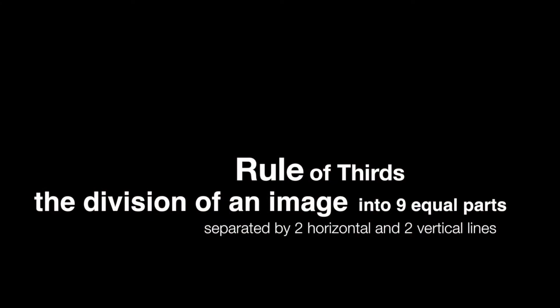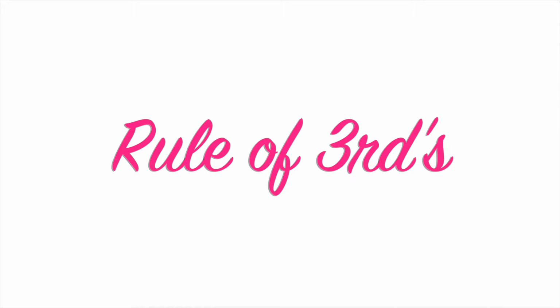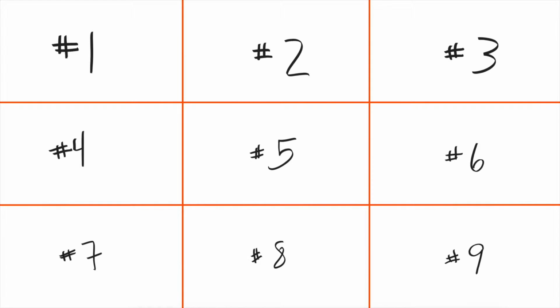Now, let's get started with a look at the rule of thirds. The rule of thirds is made up of 2 vertical and 2 horizontal lines, each breaking the image up into 9 equal compartments.